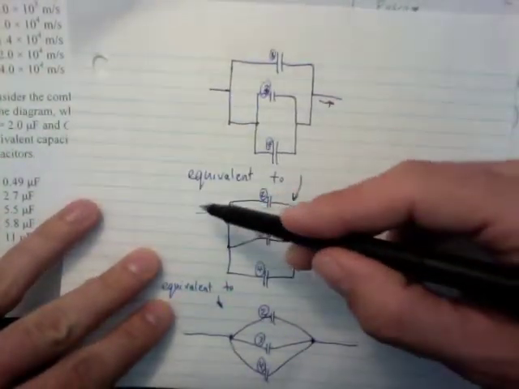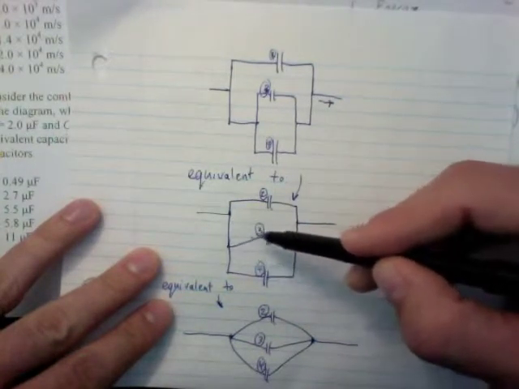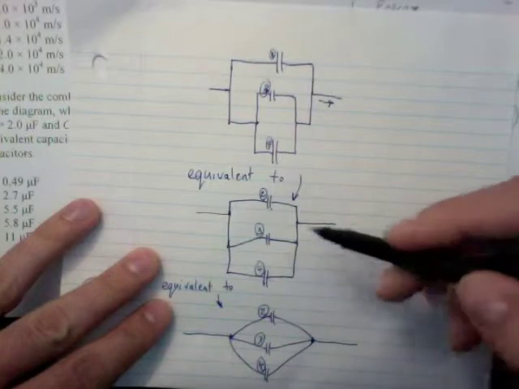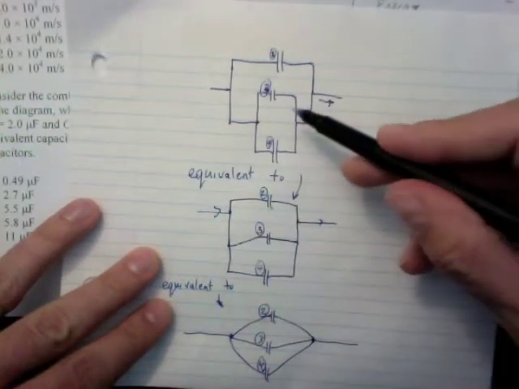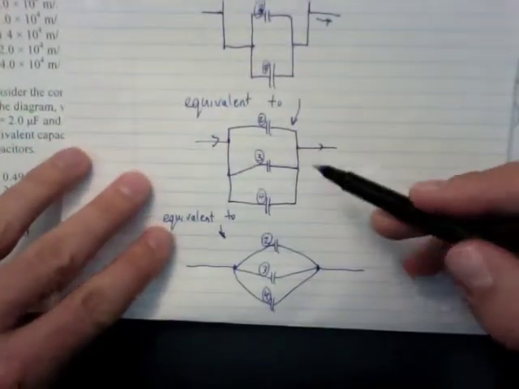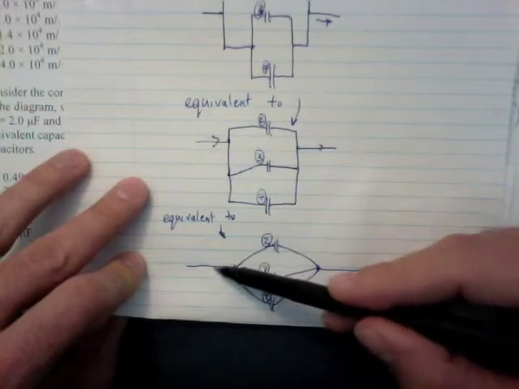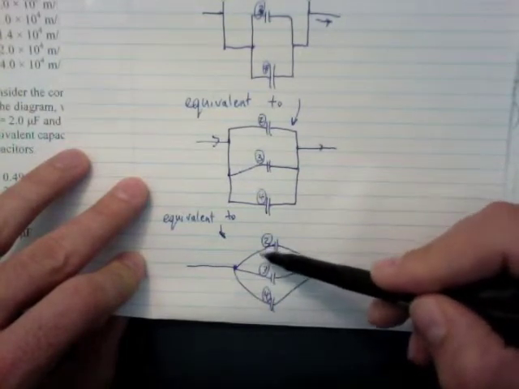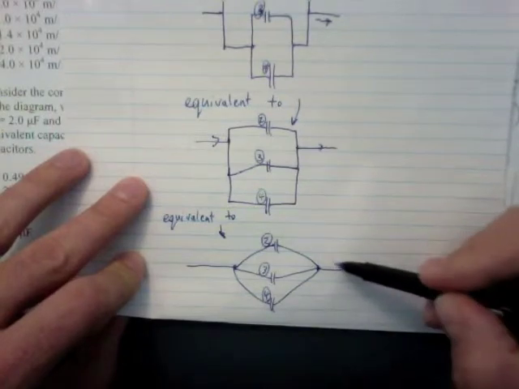Still, the current has to do the same thing. It comes up, it either has to go through 2, or go down here and then choose to go through 3 or 4, and then come out this side. So this is equivalent to this, and it doesn't matter where the junction is. Again, same thing, it's equivalent to here. The current comes in, it splits up 3 possible ways, going through 2, 3, or 4, and then ends up here.